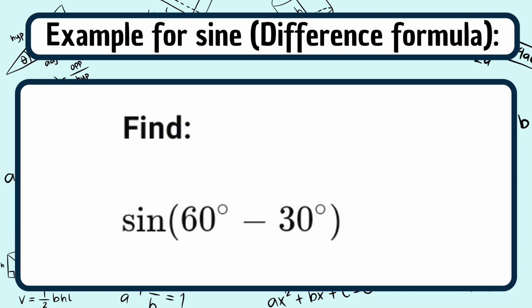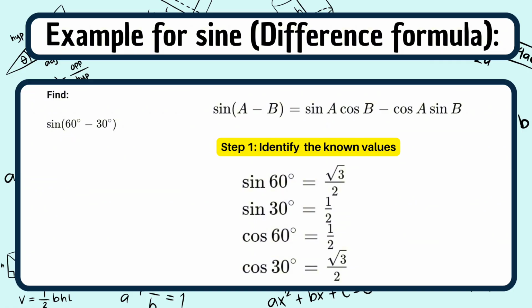Okay, let's proceed to sine using difference formula. Let's solve for sine 60 degrees minus 30 degrees. So we can use the identity sine A minus B is equal to sine A times cosine B minus cosine A times sine B. Let's proceed to step number 1.